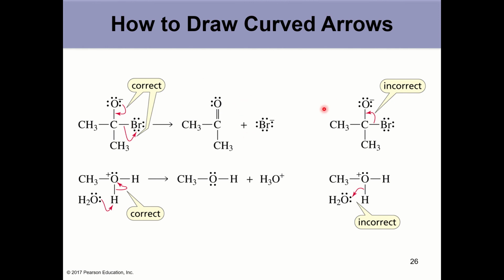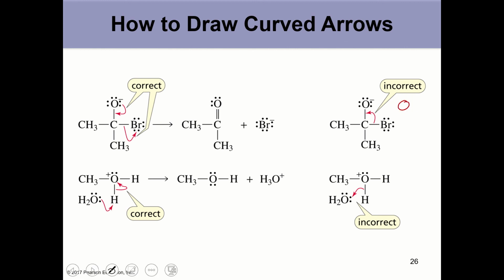So, for example, an incorrect arrow would be to take a sigma bond from bromine and put the electrons between oxygen and carbon. Because we haven't done anything with the electrons on oxygen, and we haven't done anything with the electrons of this sigma bond, taking the sigma bonding electrons from between carbon and bromine would result in a product that is completely impossible.